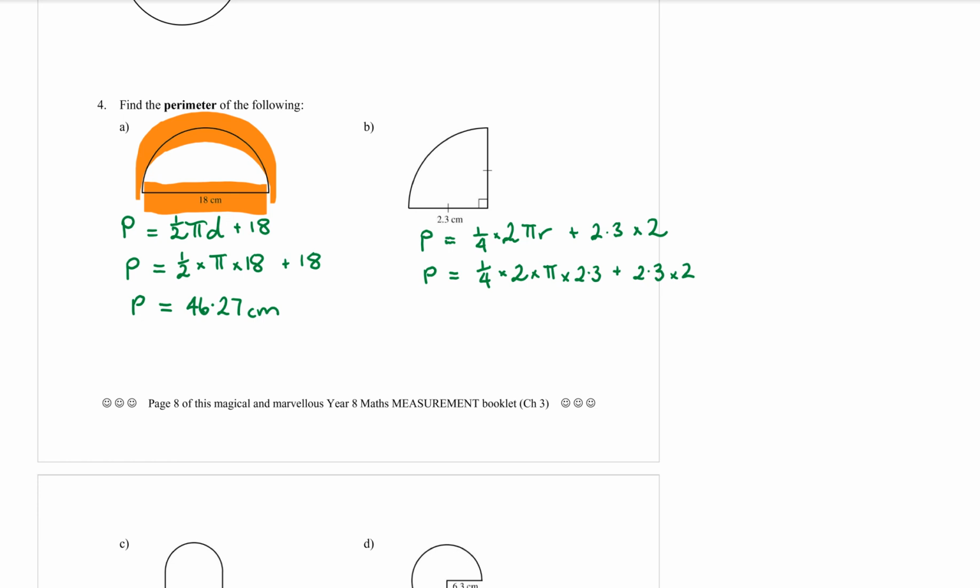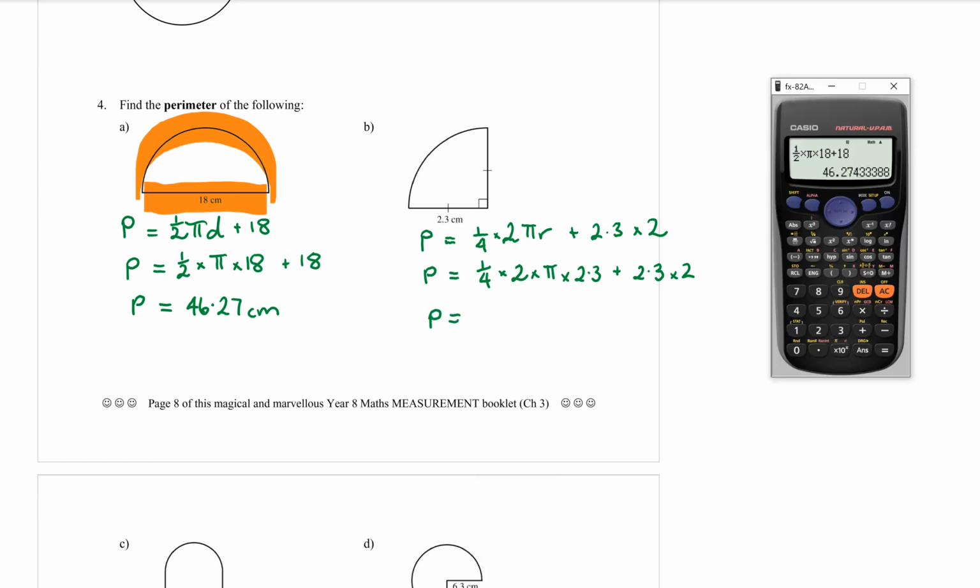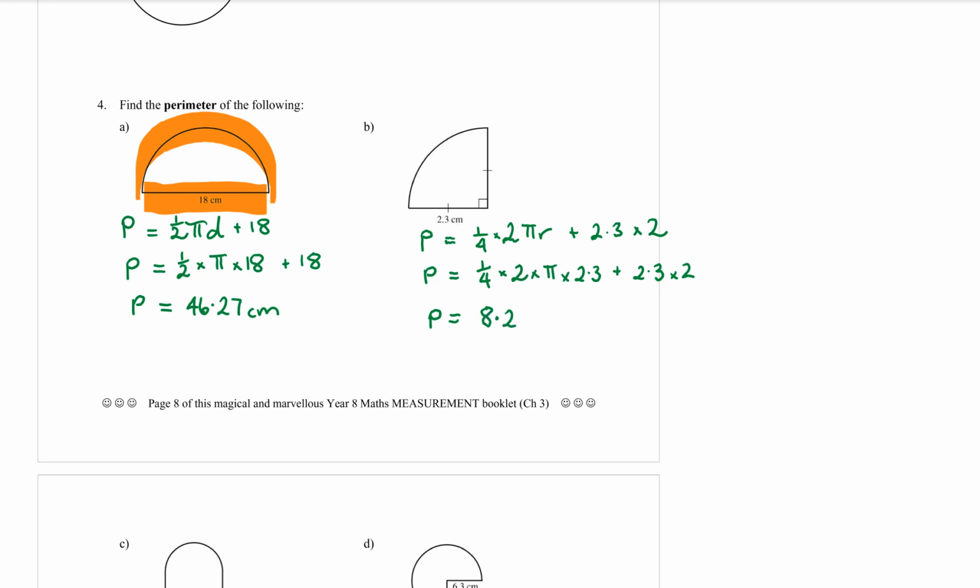Okay, then on the calculator, a quarter, so I want to be sneaky and just type that in as a decimal, 0.25, times that by 2, times that by pi, times that by 2.3, then add on 2 lots of 2.3, making the perimeter 8.21 centimeters.